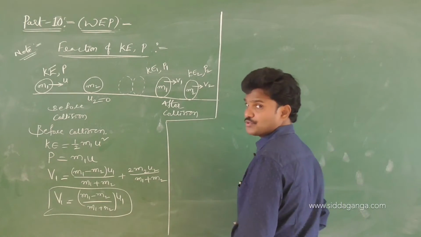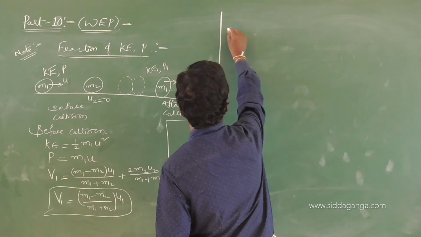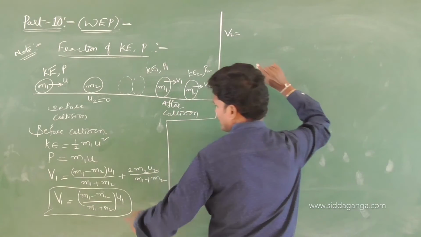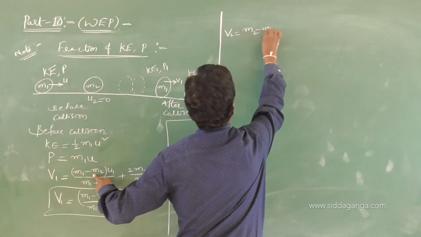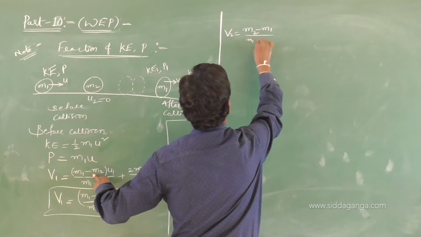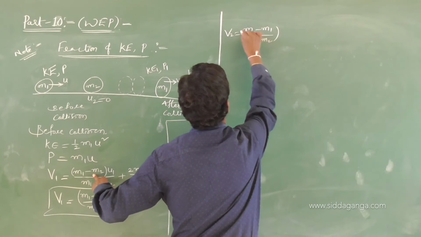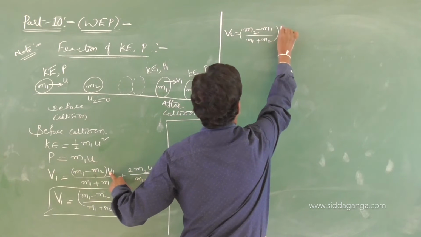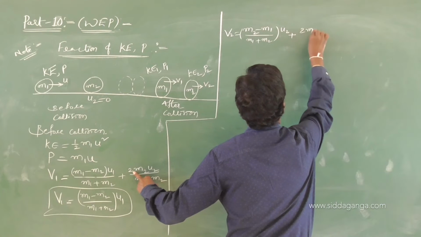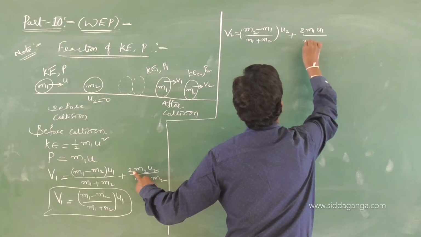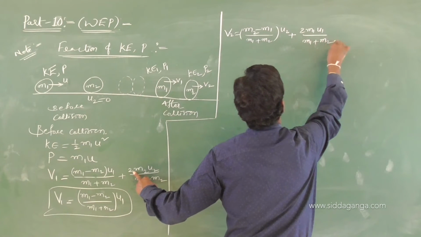Let me find v2 also. The regular equation for v2 is m2 minus m1 by m1 plus m2 into u2, plus 2 m1 u1 by m1 plus m2.